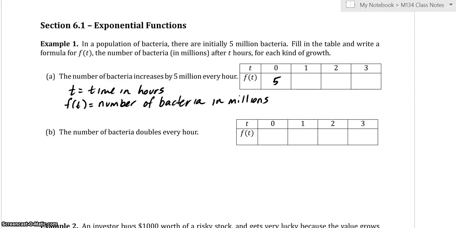So we're already starting with 5 million. Part A says the number of bacteria increases by 5 million every hour. So if it increases, that means adding. So we're going to add 5, so this would be 10, add another 5, 15, add another 5, 20. That looks like our linear function, doesn't it?